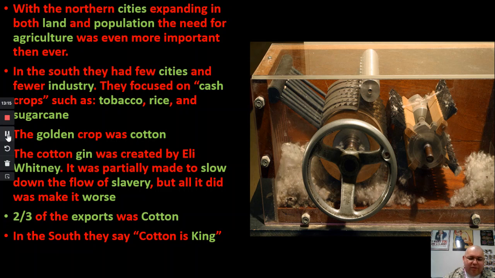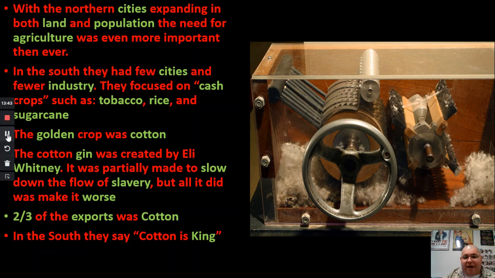So they really focused on cash crops. Now, why are they called cash crops? It's because places around the world really wanted these crops from the United States. It's not that they couldn't grow them where they're from, but here they grow bigger, better, stronger because of our climate, our soil, and things like that.